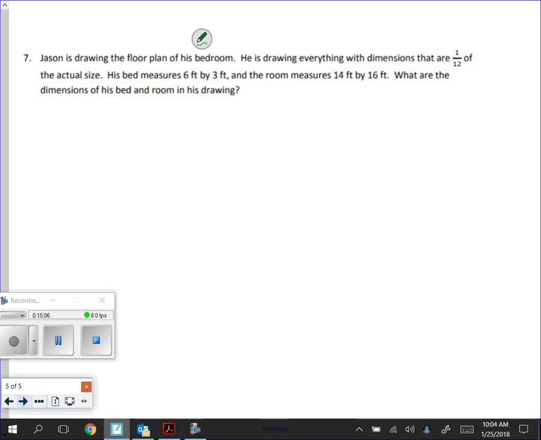So what would you actually do to solve that problem, or what did you do to solve that problem? If his bed measures 6 feet by 3 feet, what would be the actual full measurement of his bed? So his bed is 18 square feet.